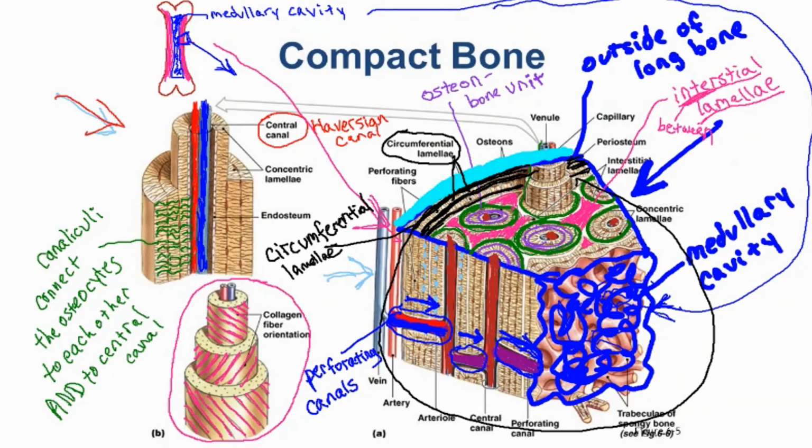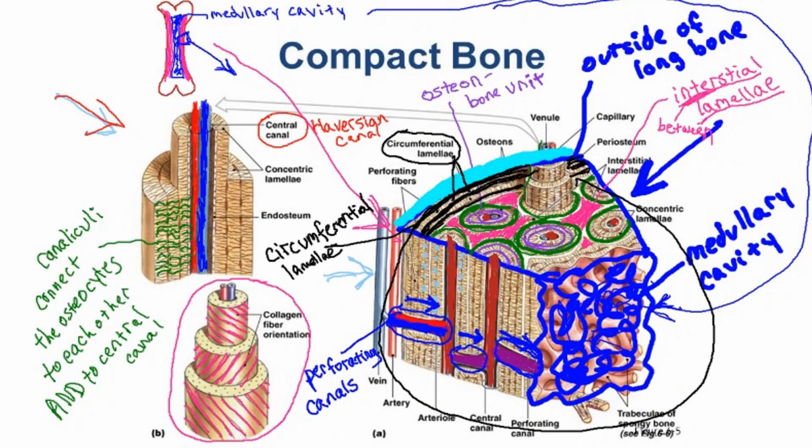But this should give you an idea of the anatomy of the bone units that make up the compact bone. So we have the osteons with the central canals. We have the perforating canals that connect those central canals to each other.